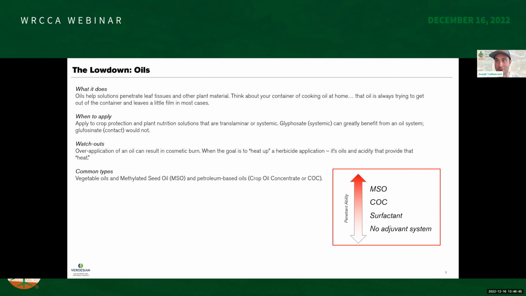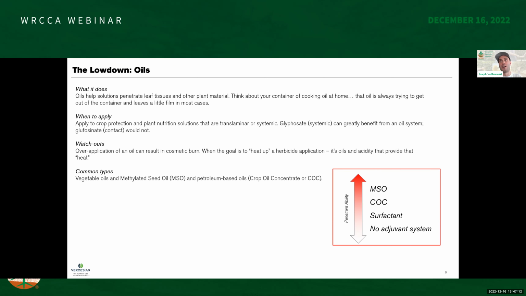I mean, there's no better way to tell. What's actually happening there is you're damaging the cuticle, or sorry, you're damaging the cell walls within the plant, and it just causes those leaves to cup a little bit. Again, oftentimes it's just cosmetic, but think about what you need here, because if you do heat up that tank mix too much and it's too aggressive, you can certainly smoke plants, particularly young ones.